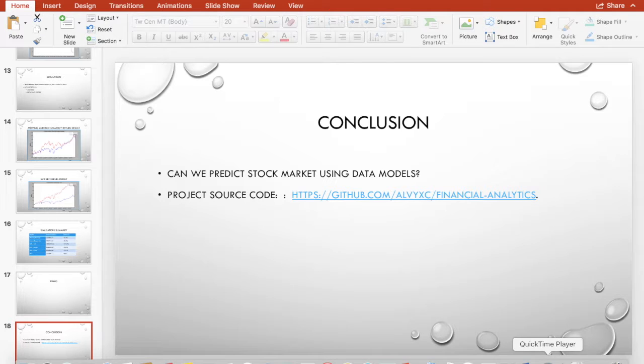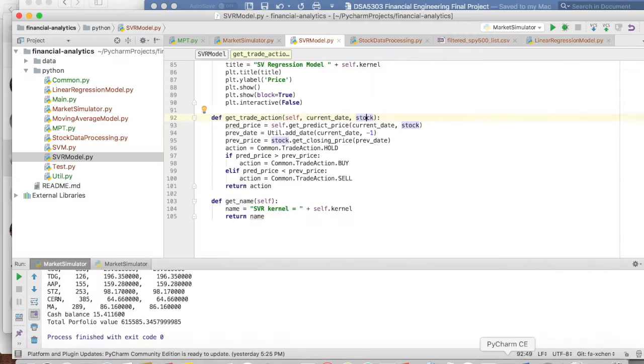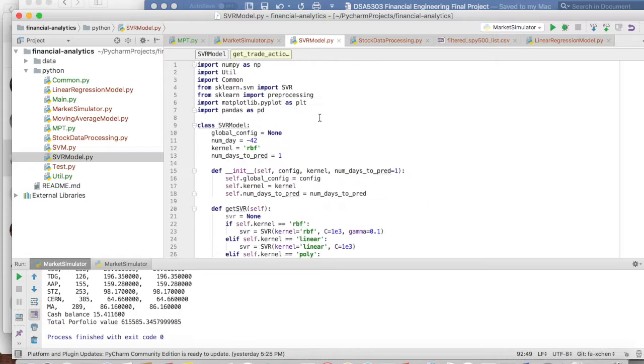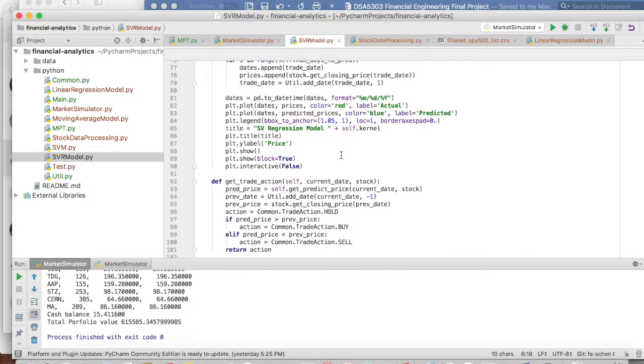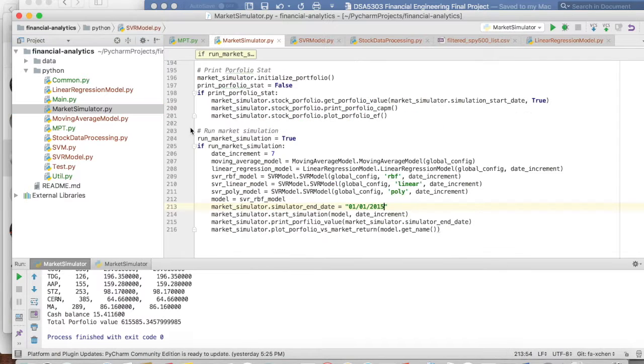I recommend that you install the sklearn package, the pandas package, and also the matplotlib library, which is used to plot whatever you see in my slides. With those three libraries, if you go into the market simulator and execute this program, and if you clone the repository correctly, you should be able to at least run the simulation on your own.